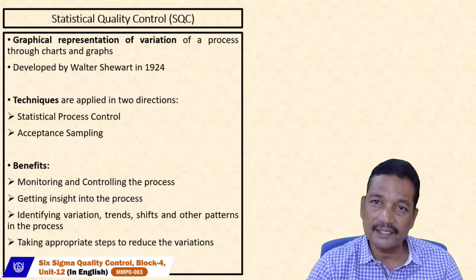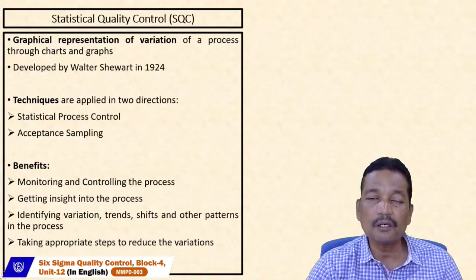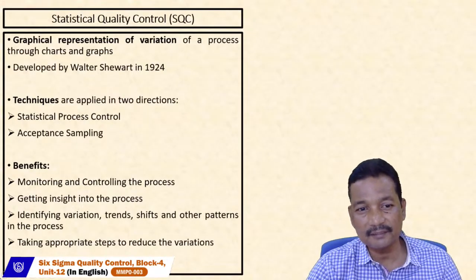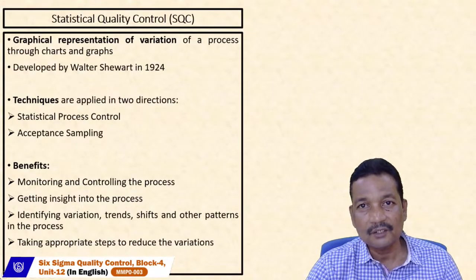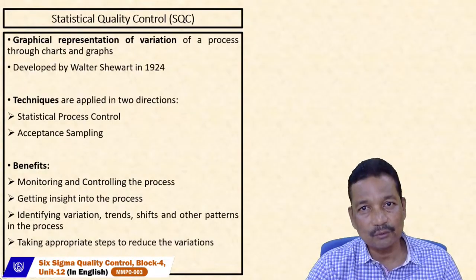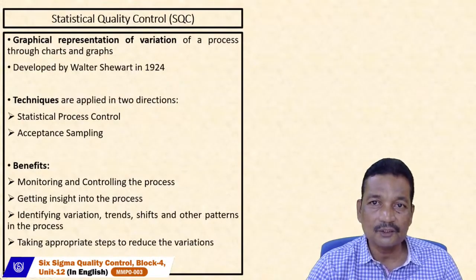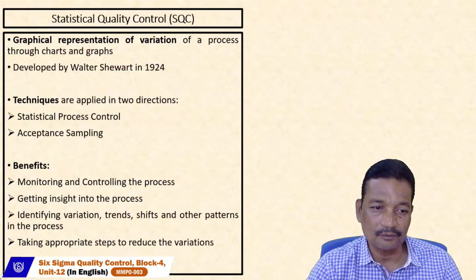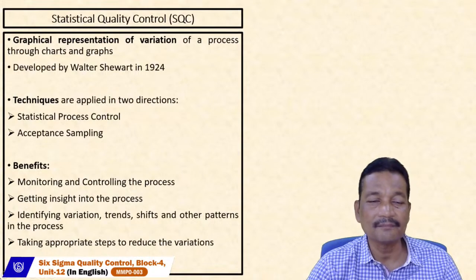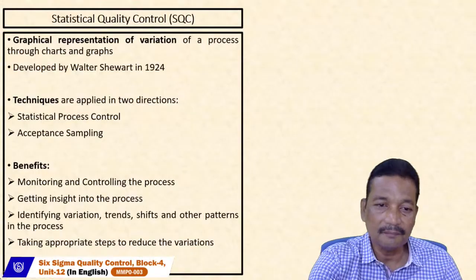When we are talking of trends, whether it is going upwards on a constant basis or downwards on a constant basis, or shifts, that means earlier suppose it was going upwards, now it is going downwards. So all these patterns will come out. What is our task here? Now we shall be taking appropriate steps to reduce the variations.